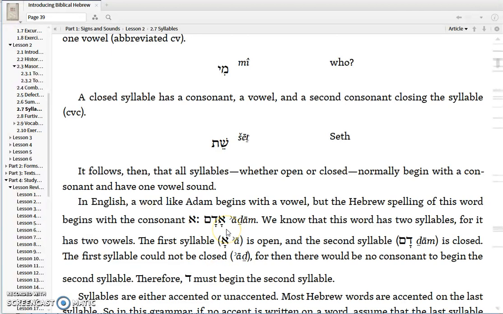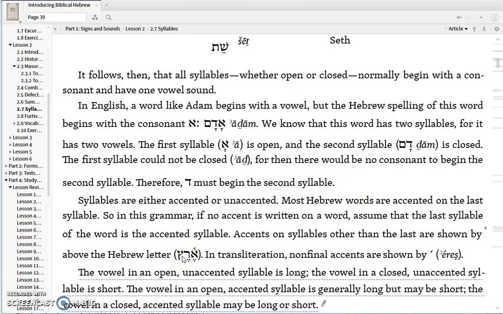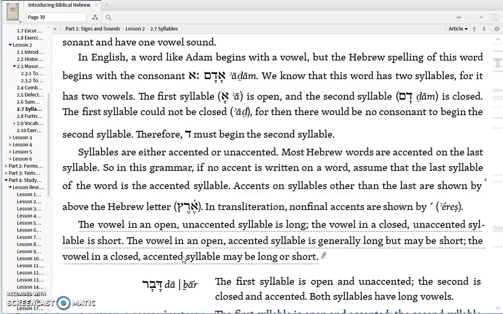So you have the consonant and a vowel, that's an open syllable. But then the next syllable, dam, is a dalet kamatz mem, and that would be a closed syllable. So you have two syllables. The first is open, the second is closed, and that's how you will divide up syllables.